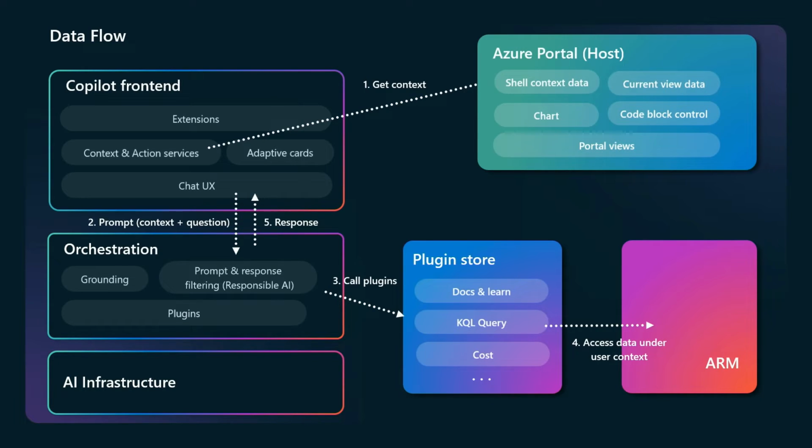As I mentioned, this is how the extensibility of the orchestrator can be done across hundreds of Azure services. These plugins in themselves can have different implementations. For example, the Docs and Learn plugin can have its own RAG model implementation, which can then query over hundreds of documentation and doc sites and do the indexing and everything over there.